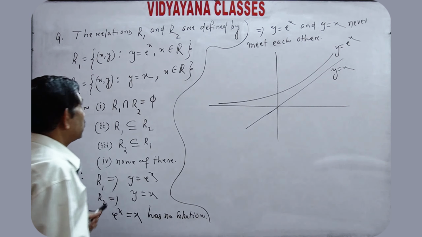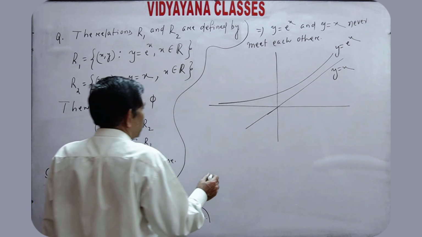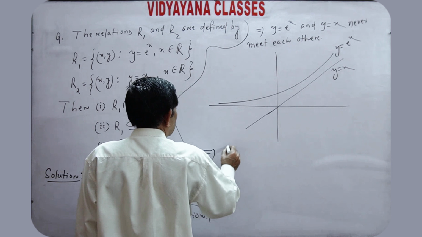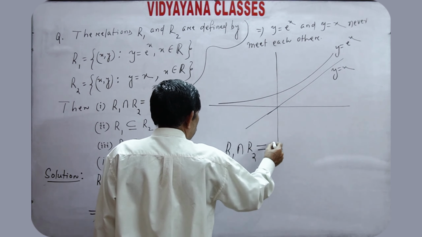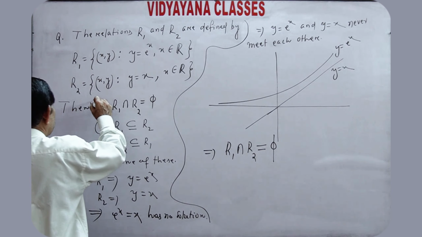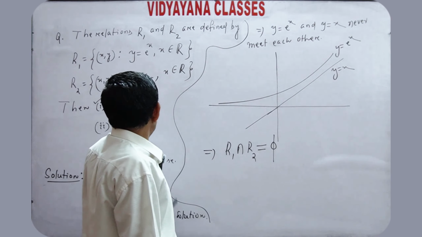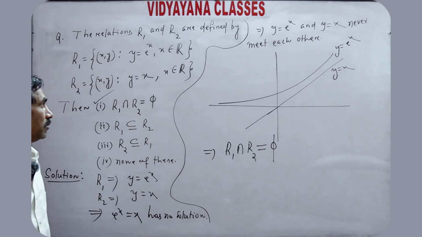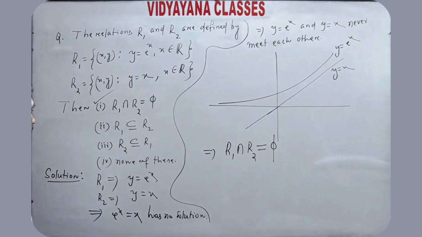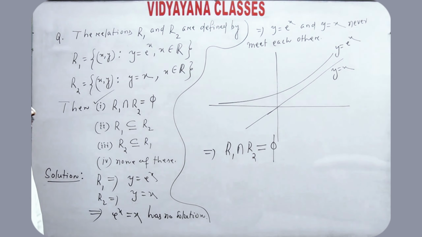So R1 intersection R2 is equal to phi. So the correct option is the first, since R1 and R2 have no common point, since y is equal to e to the x and y is equal to x never meet each other.